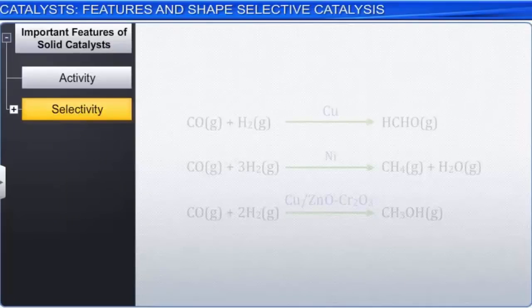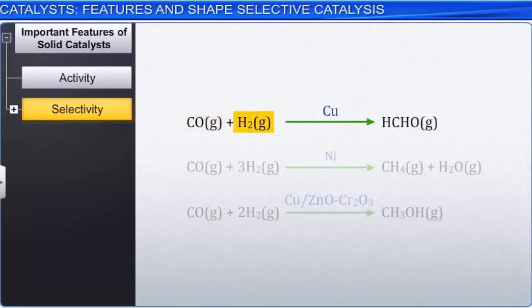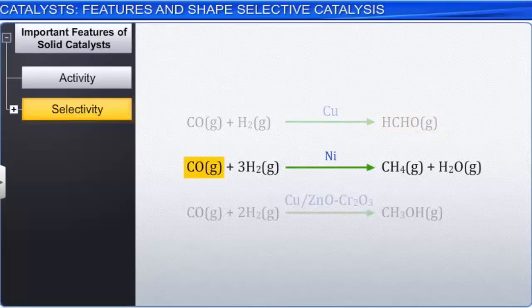Let's now look at the selectivity feature of a solid catalyst. Consider these chemical reactions of carbon monoxide and hydrogen in the presence of different catalysts. In the first reaction, carbon monoxide reacts with hydrogen in the presence of copper as the catalyst to form formaldehyde. In the second reaction, carbon monoxide reacts with hydrogen in the presence of nickel as the catalyst and forms methane and water vapor.